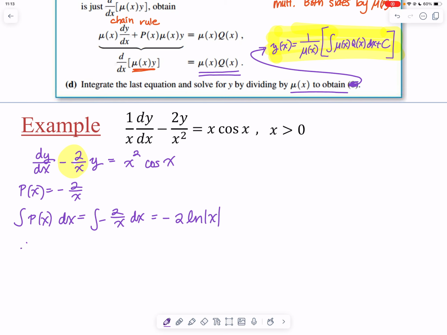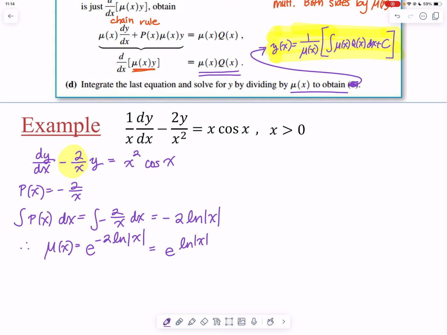So therefore, mu of x, remember, it's going to be e to that integral, which is negative 2 multiplied by the natural log of x. Now, we're going to be able to simplify this, and we can actually write this as e to the natural log of the absolute value of x raised to the negative 2 power.